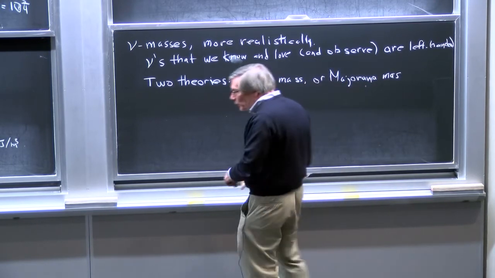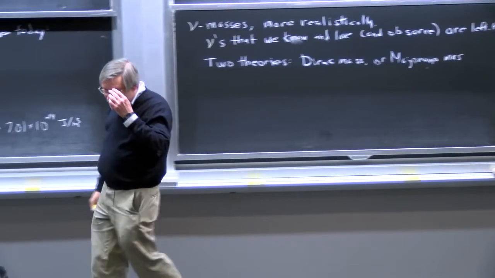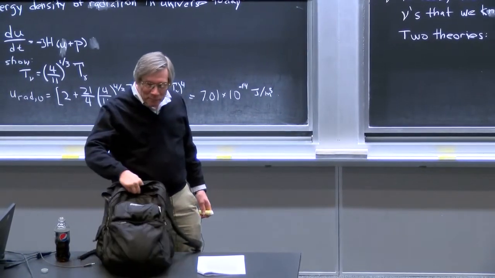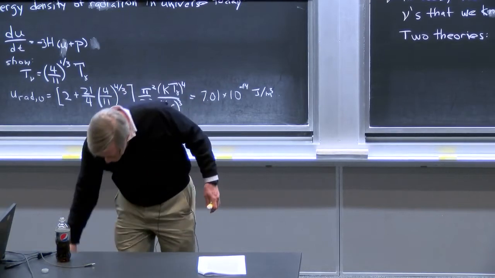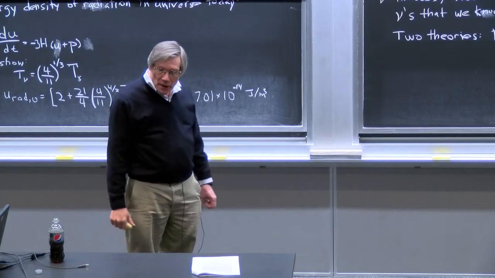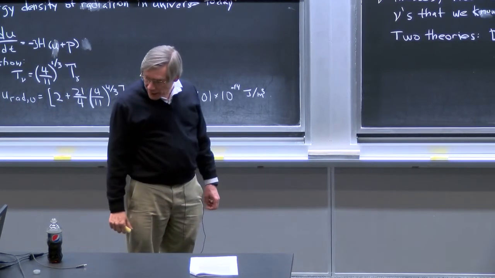These are both named after people, so don't try to parse anything about the physical meaning of those words from the name. The Dirac mass is the easier one for us to understand because it's the same kind of mass that an electron has.